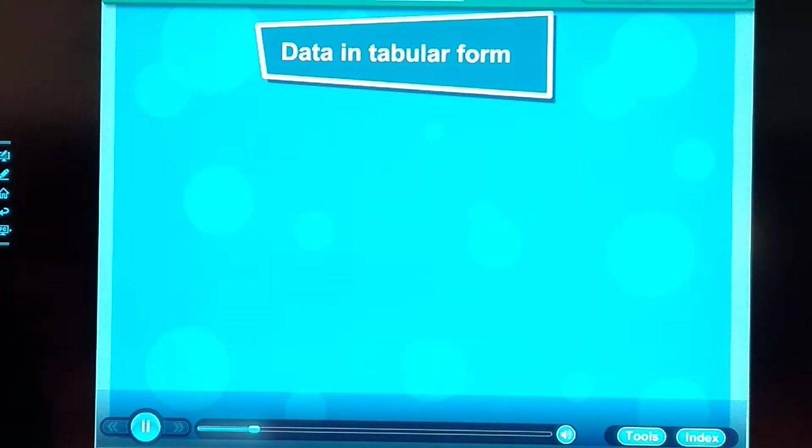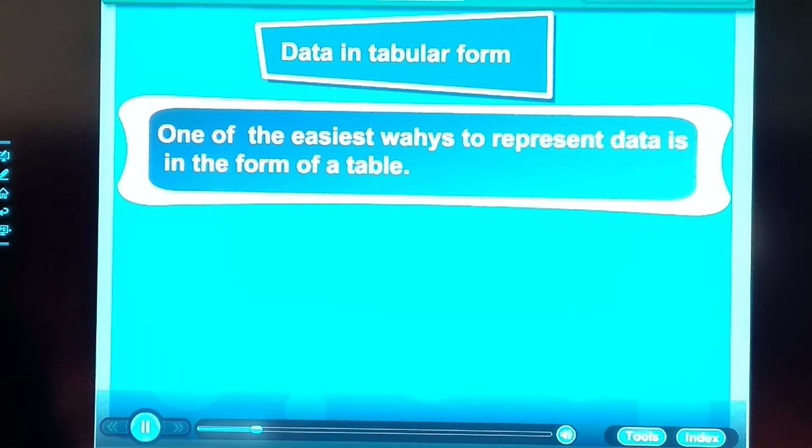Data in tabular form. One of the easiest ways to represent data is in the form of a table. Example 1.